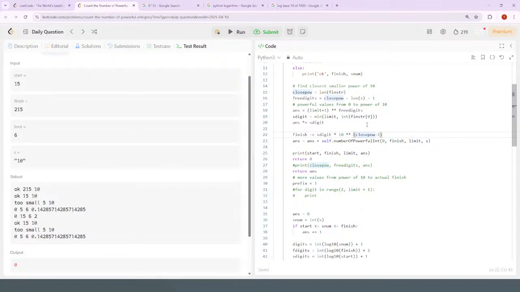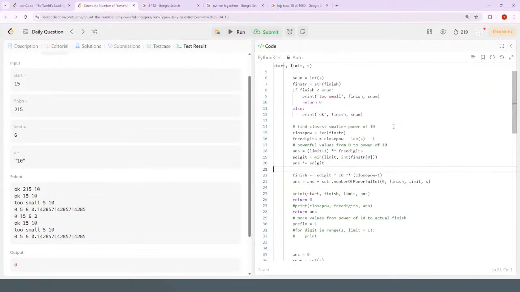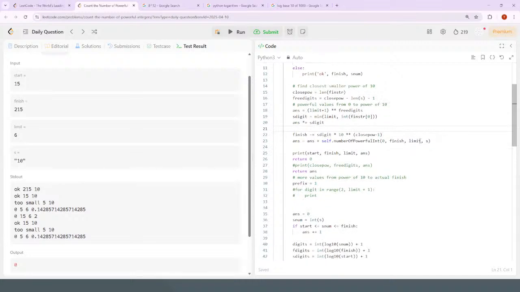10 S digit minus 0 to 5, 6 is your limit. Why did S change? S became 0.14.